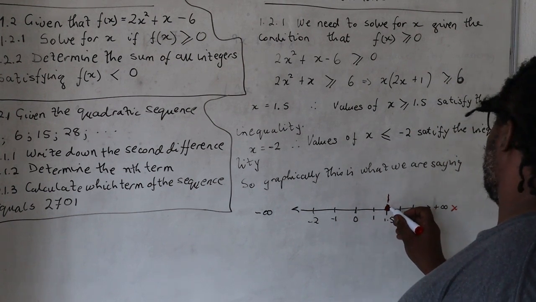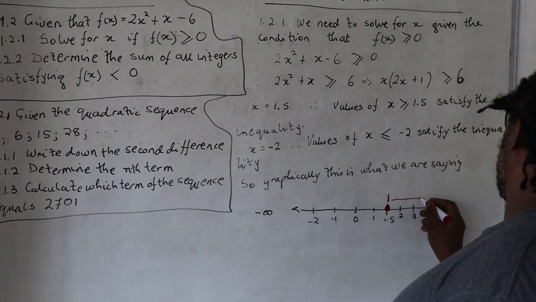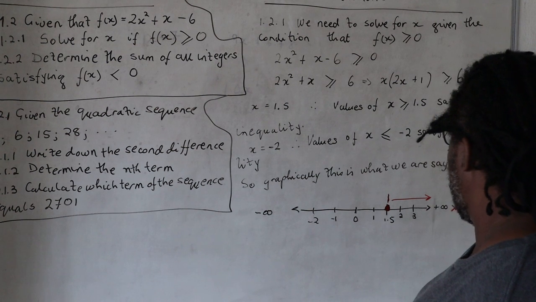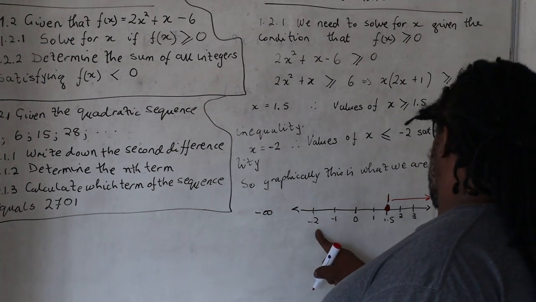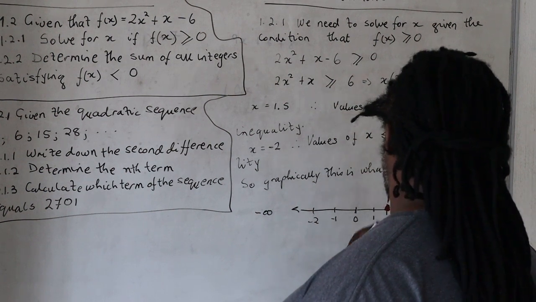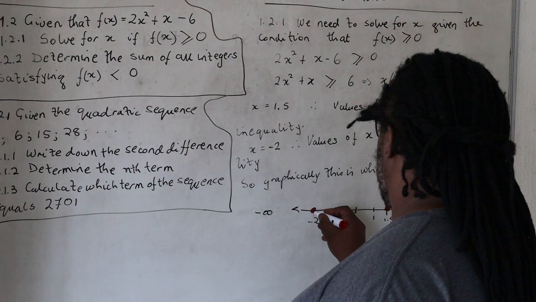So if x is greater than or equal to 1.5, we satisfy the inequality. And then at minus 2, we are saying that minus 2 also satisfies the inequality.